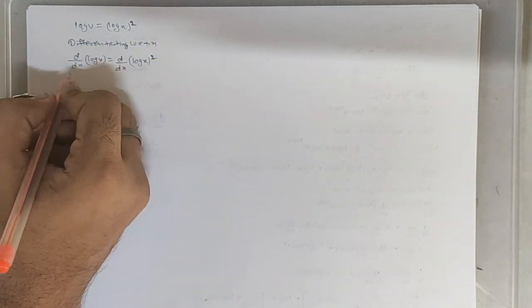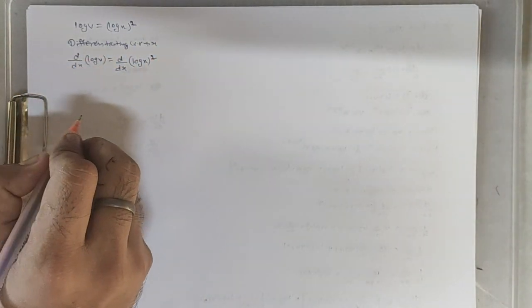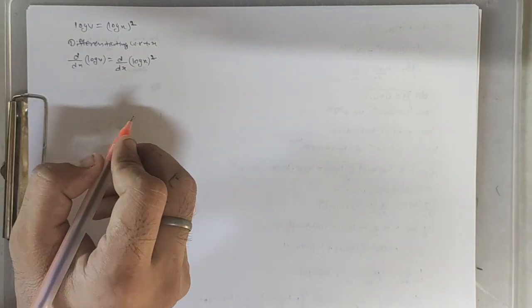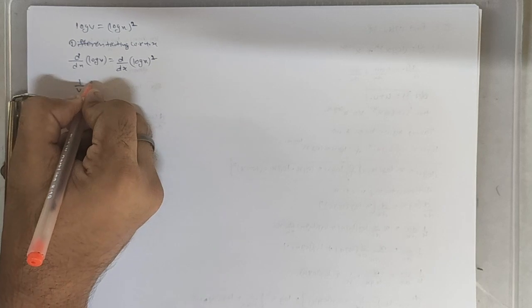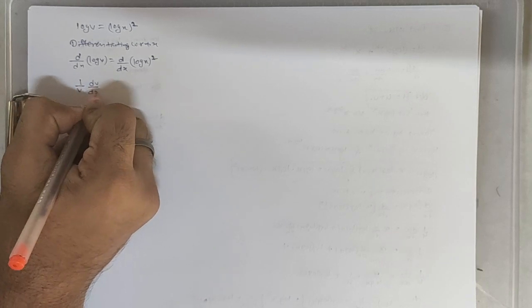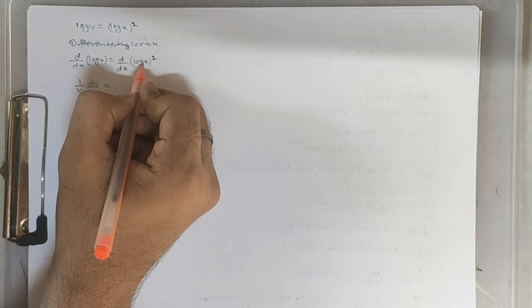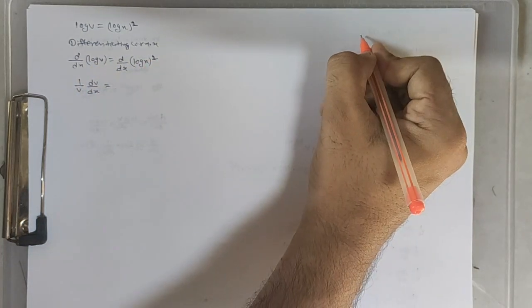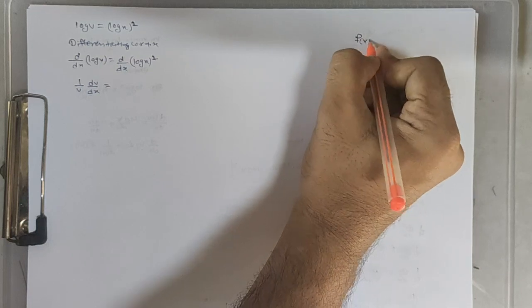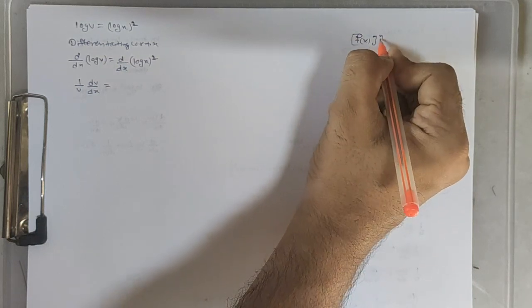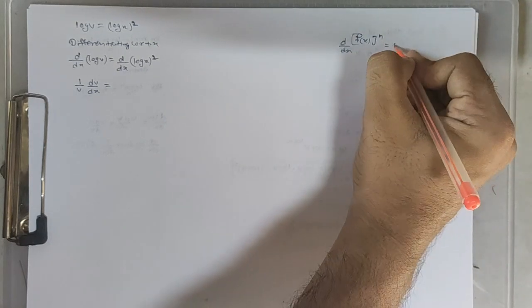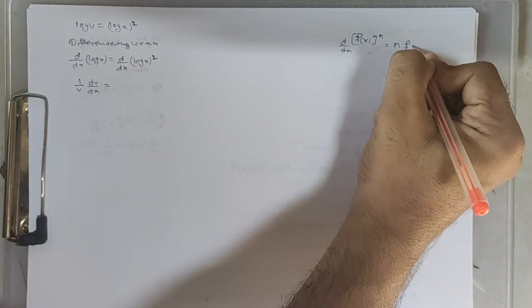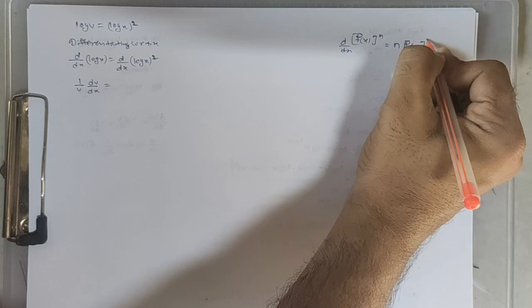So differentiation of log of f of x is 1 upon f of x into f dash of x. That means 1 upon v, again differentiation of v with respect to x is equal to, now here we will use x raised to n, and rather than x raised to n we can write f of x raised to n. So their differentiation will be n into f of x raised to n minus 1.